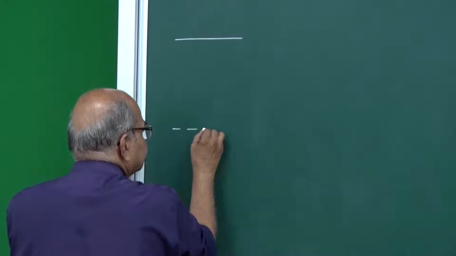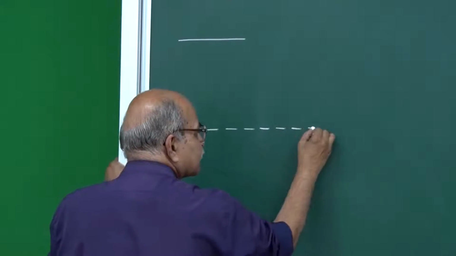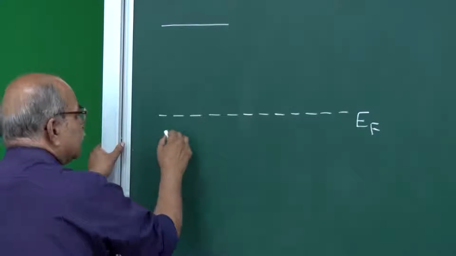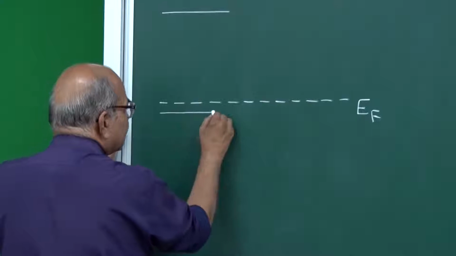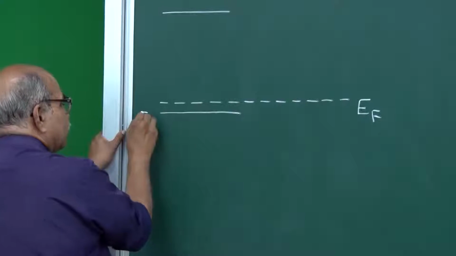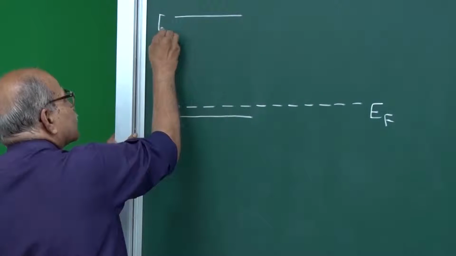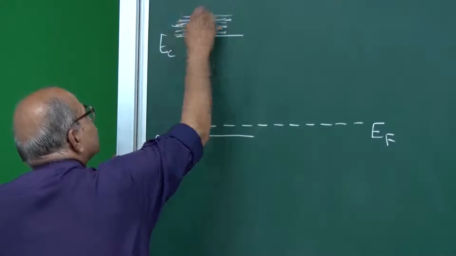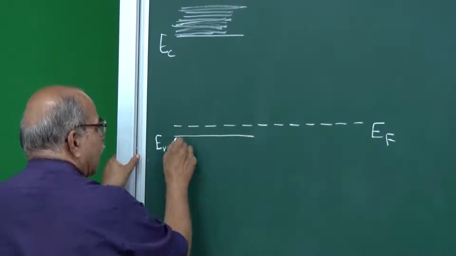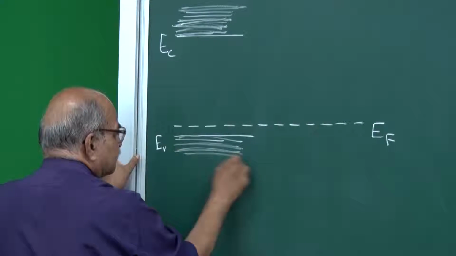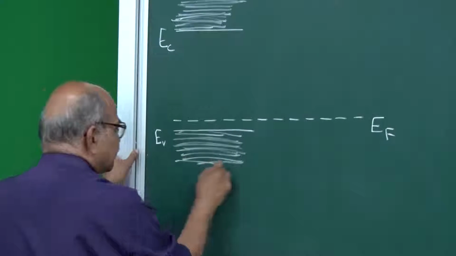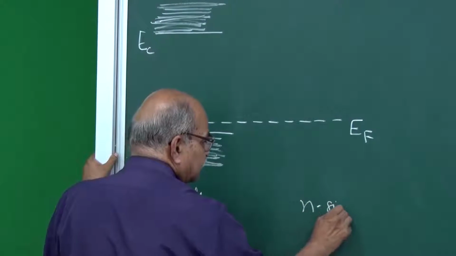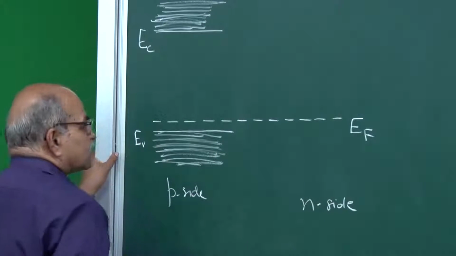Suppose you have this Fermi function. We introduced the concept of Fermi energy EF, and for the p side, this Fermi energy is close to the valence band edge. The conduction band edge is here. So, these quantum states correspond to all those conduction band energies, and these quantum states are in the valence band. So, this is our p side, whereas for the n side, it is close to the conduction band.